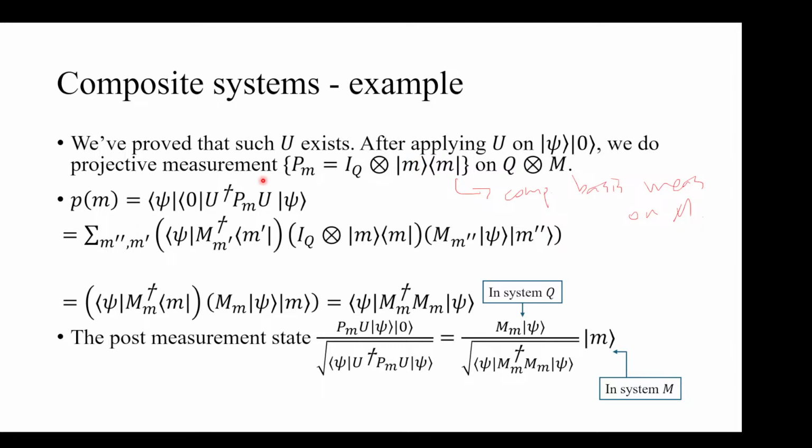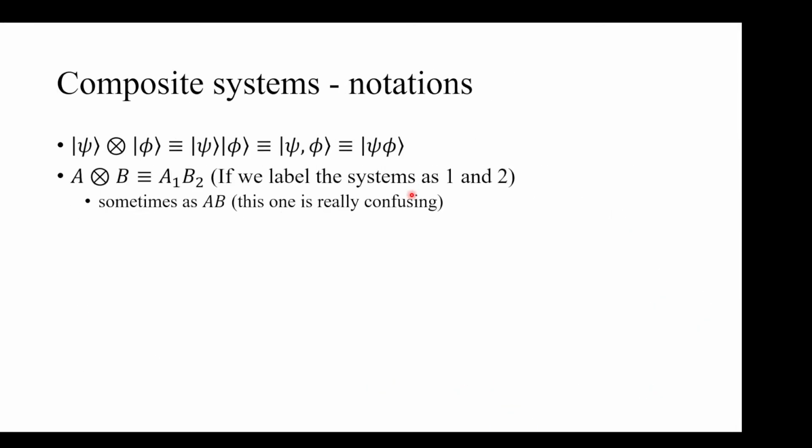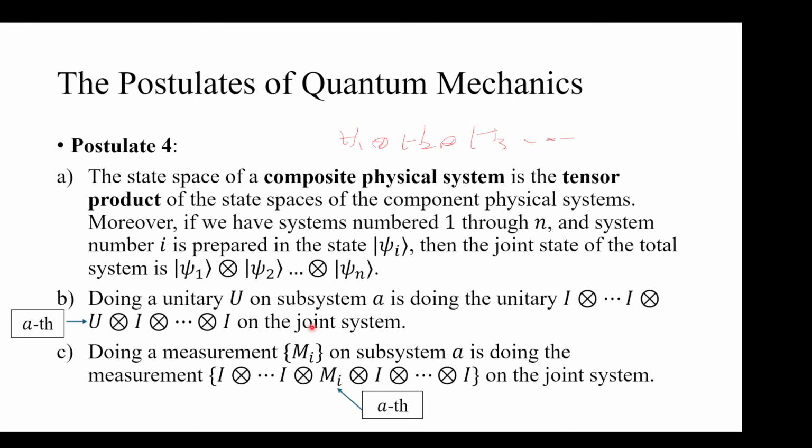And as our postulate says, the measurement on the whole joint system will have measurement operators that are just identity tensor the measurement operator on the small m, which is the projector on small m. So let's go back a little and use the measurement part of our postulate.